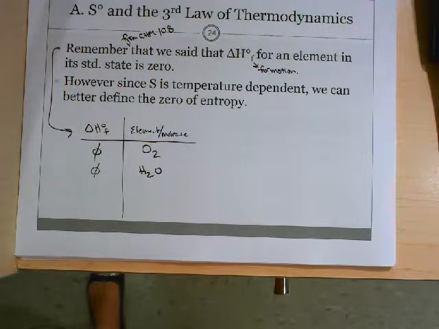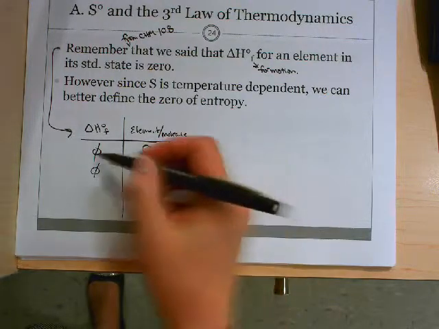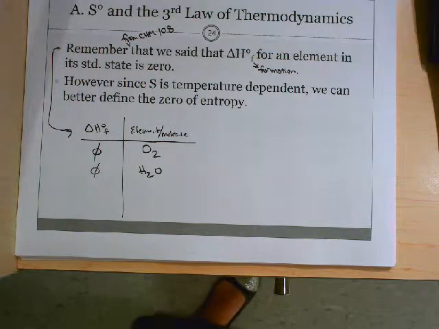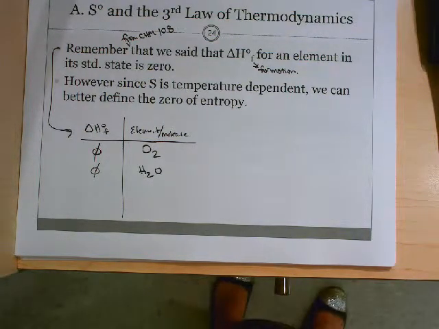Right, so we had all these standard things. We said the heat of formation is 0 just because we need some place to start measuring from. That's fine for delta H's, but entropy is super temperature dependent, so we can't just use the fact that elements should be 0. We have to define the third law of thermodynamics.